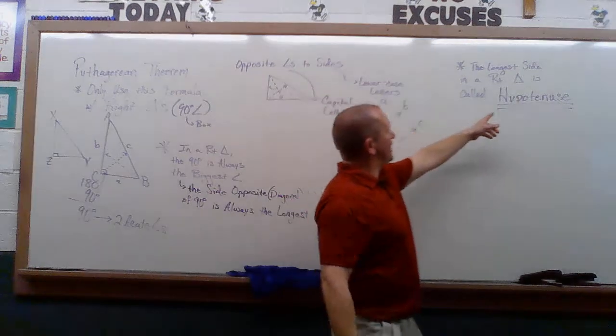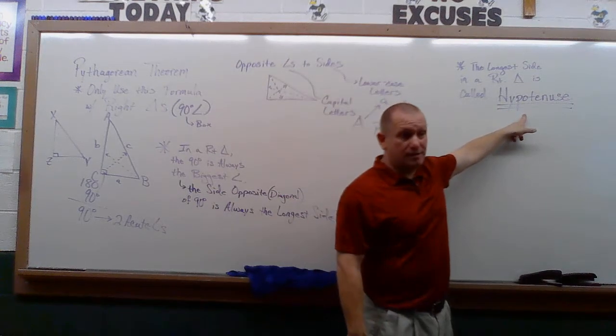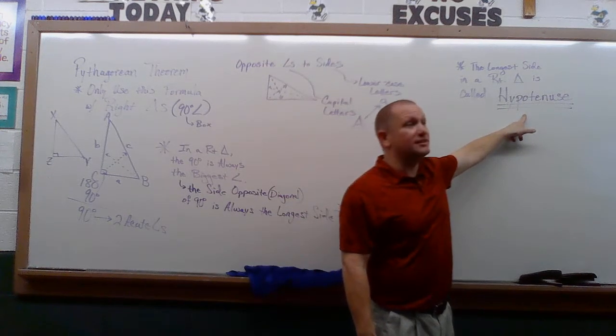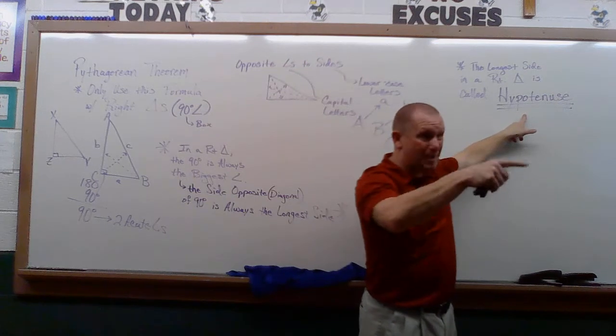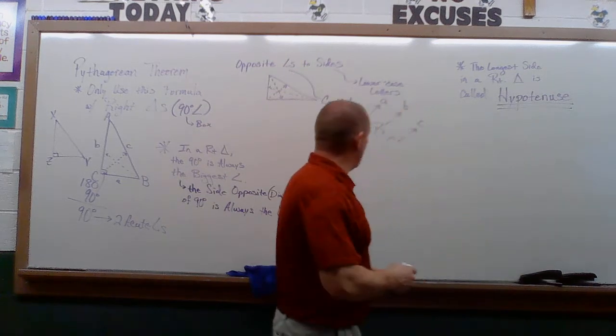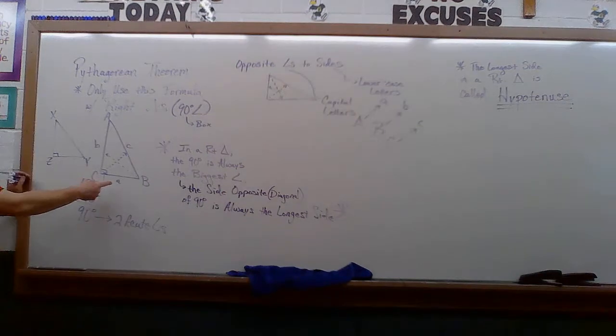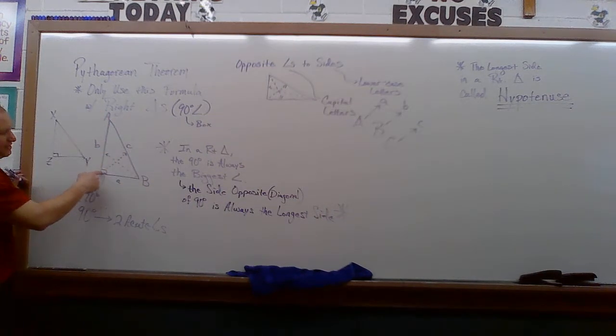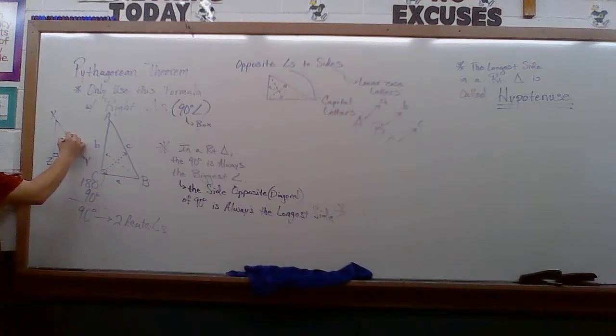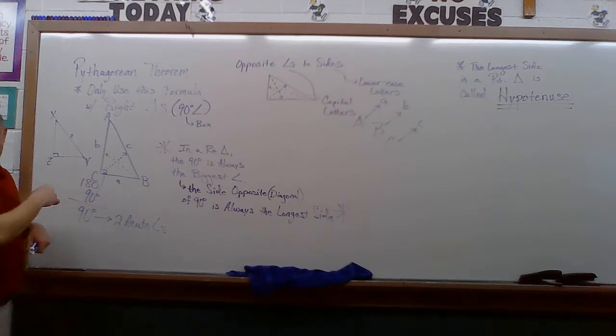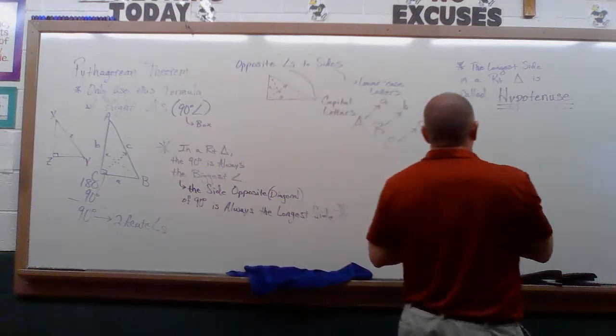So we always know that the hypotenuse is opposite of what? The 90-degree angle or the box. Okay? So in either of our triangles over here, the side opposite of the 90 degrees is little c or little z. And each would be called the hypotenuse of that triangle. Really important concept.